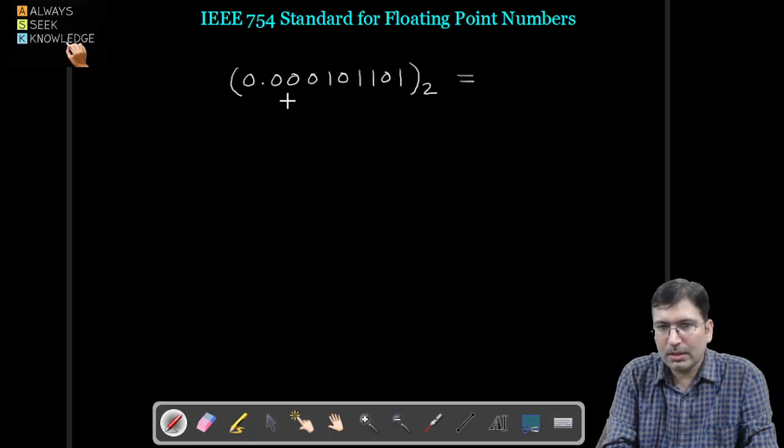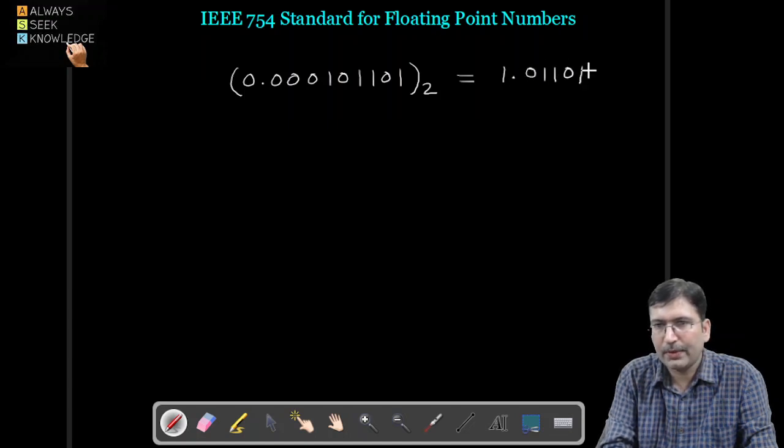If we want to write this, we can write this number in a standard form: 1.01101 into 2 to the power.